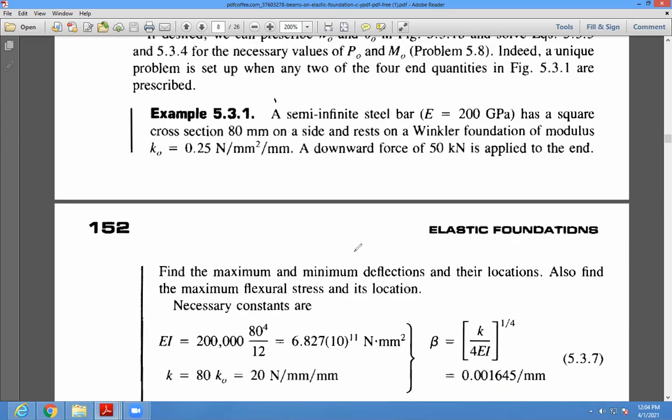Now take the numerical. Take down the numerical.